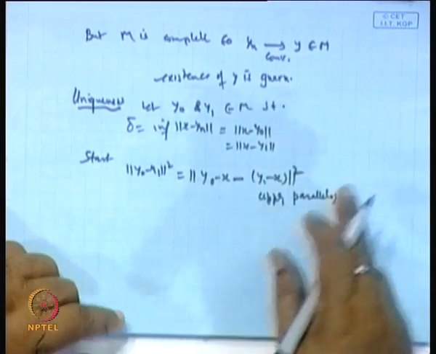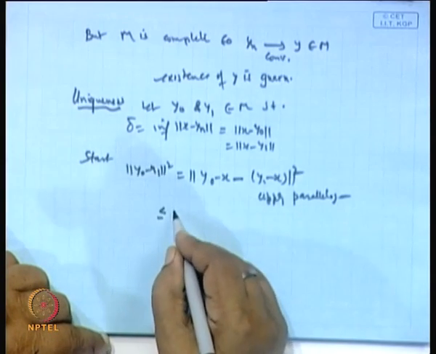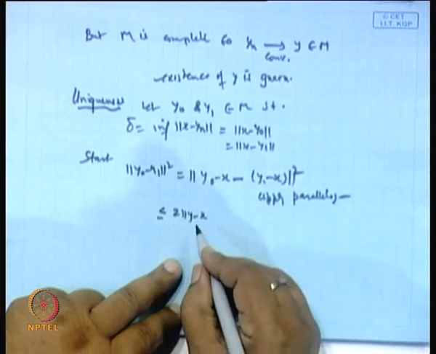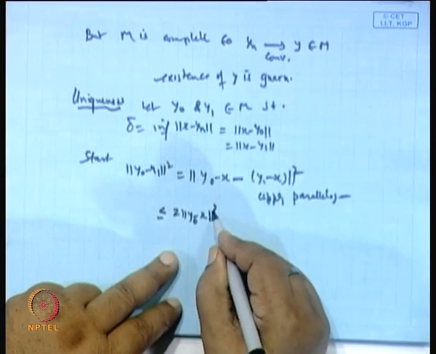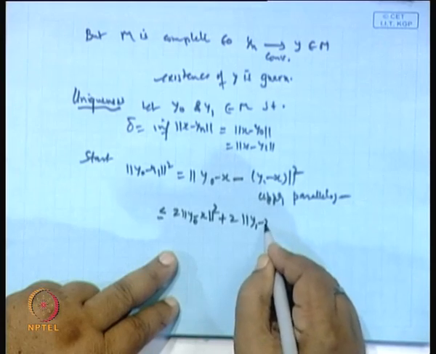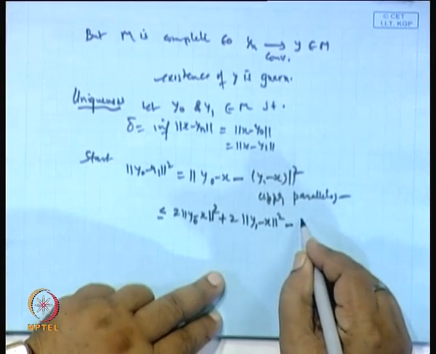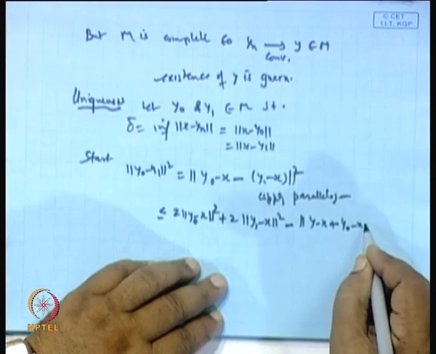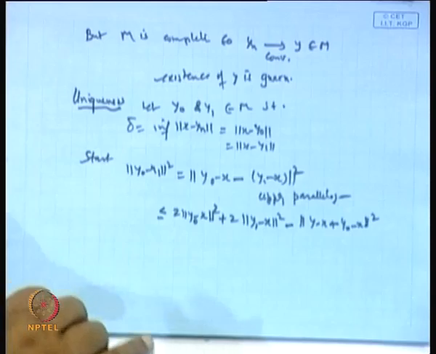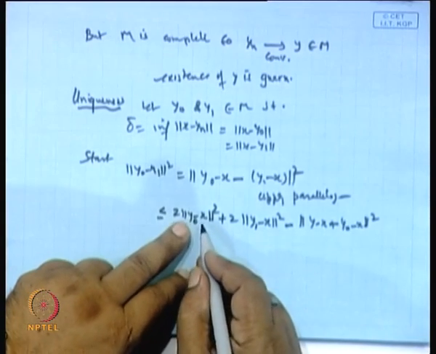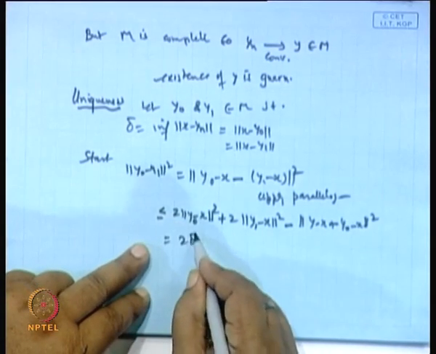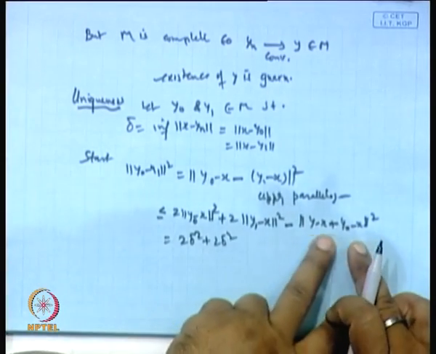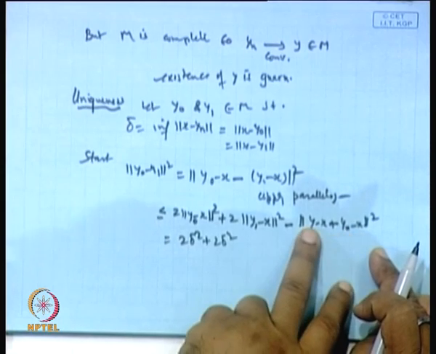Once you apply the parallelogram law, you will see that this comes out to be 2 times norm of y naught minus x whole square, plus 2 times norm of y 1 minus x whole square, minus norm of (y 1 minus x) plus (y naught minus x) whole square. And this is delta, so this will be 2 delta square plus 2 delta square, and then 2 can be taken outside.